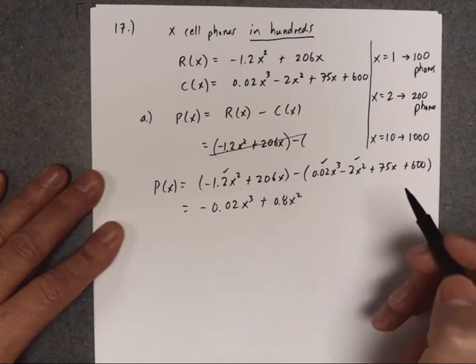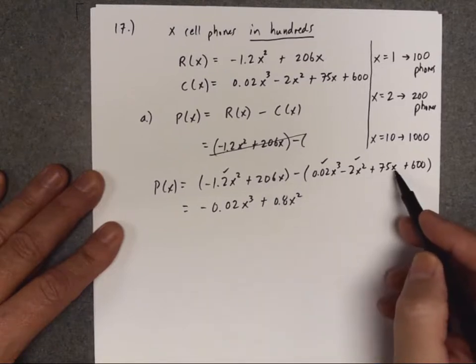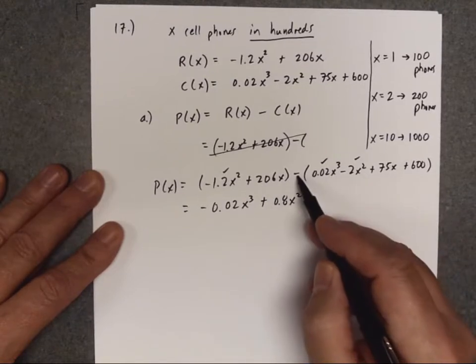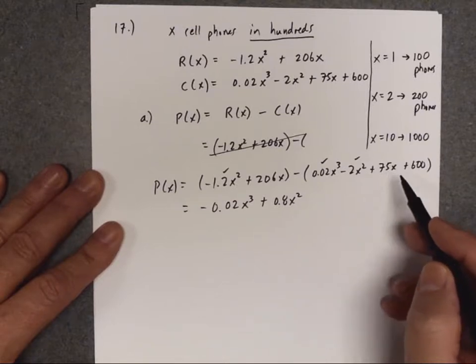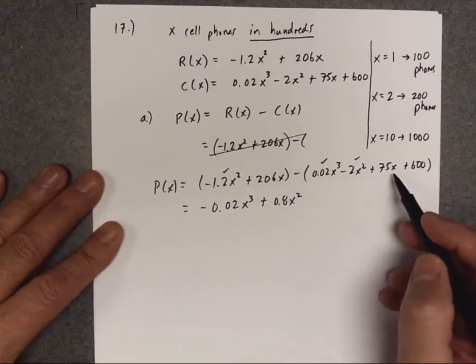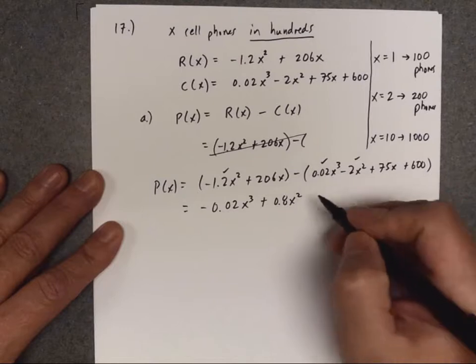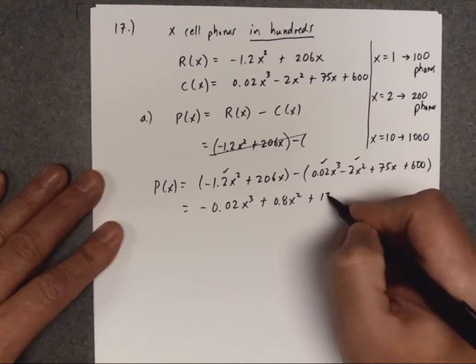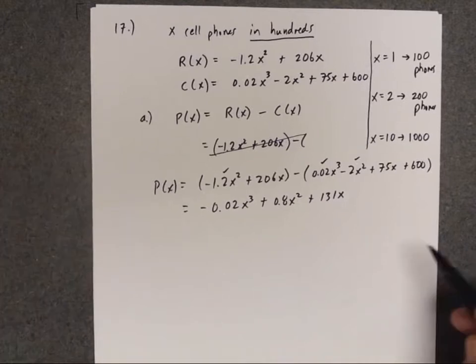Next would be x. Notice I've got 206x here and 75x here. However, I'm subtracting the 75x. So 206x minus 75x, I think is going to be, I'm going to check my math in a minute.